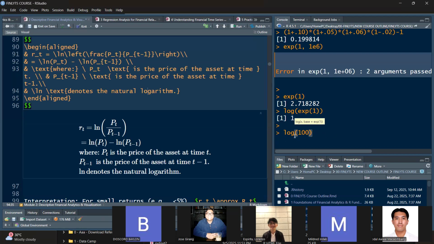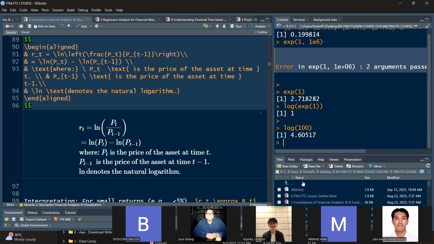However, in R, the default is that if you use log, it's always base e. So for example, log of 100 will not give us 2, class. You notice that it's equal to 4.60.